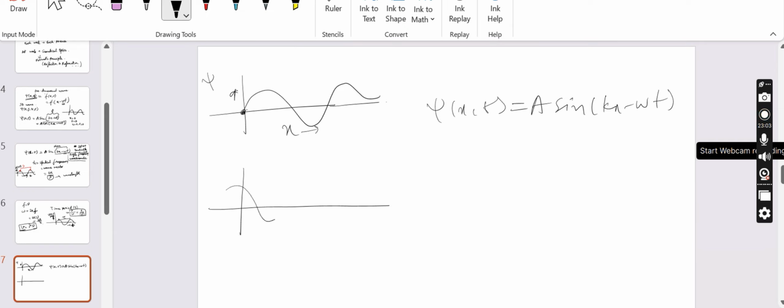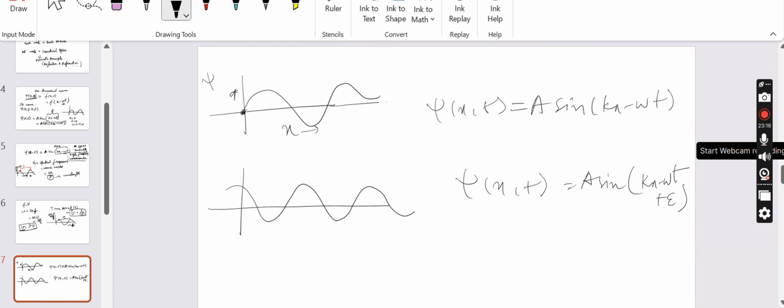But if the wave is like that, if we follow the sine convention, there is an initial phase that is called epsilon. So this part, kx minus omega t plus epsilon, is called phase, and this epsilon is called initial phase.